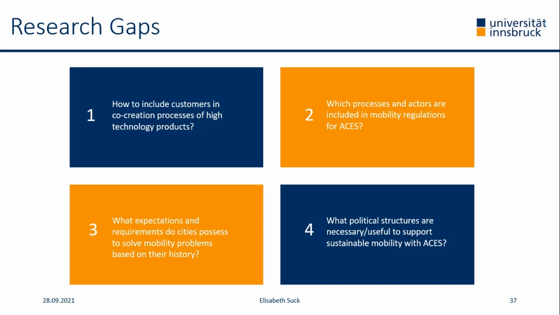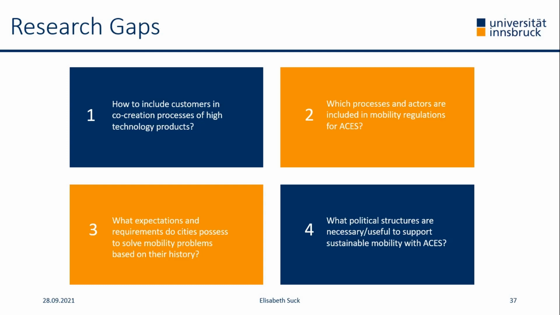And the last point, what political structures are necessary or useful to support sustainable mobility with ACES? This also somehow refers to the second point on regulation, but here I had more the idea of what is really possible or what is needed to develop ACES, because in the interviews it often emerged that it should not be allowed anymore to drive a car or to own a car.